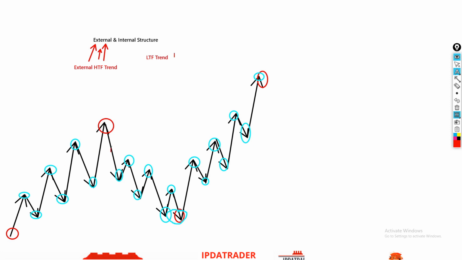Now, if you know how to trade ranges, and that's a topic for a different video, then you can potentially get into sells. For example, this is your structure as we were discussing, and all of a sudden price starts coming down, right?